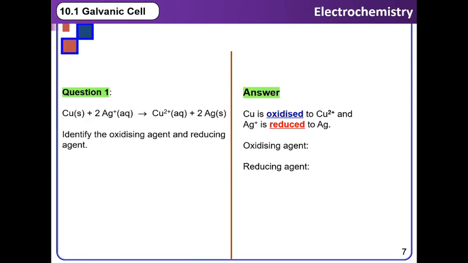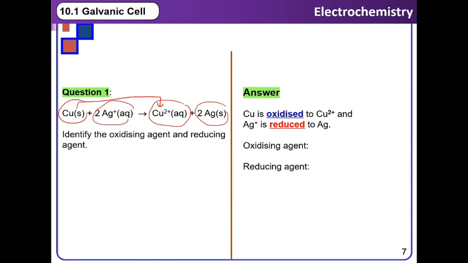Okay, for example, we look at the question 1. Copper solid plus 2 mole of silver ion produce copper 2 plus and 2 mole of silver atom. Identify the oxidizing and reducing agent. Okay, so kita ambil copper menjadi copper 2 plus. So from copper, the oxidation number for copper solid is 0.